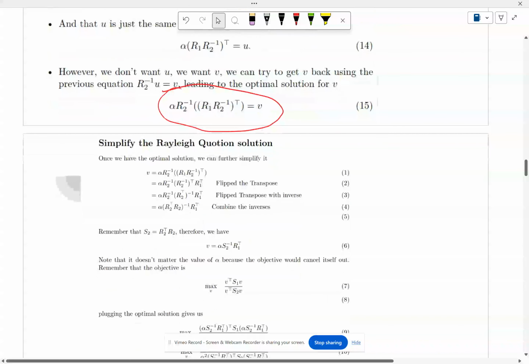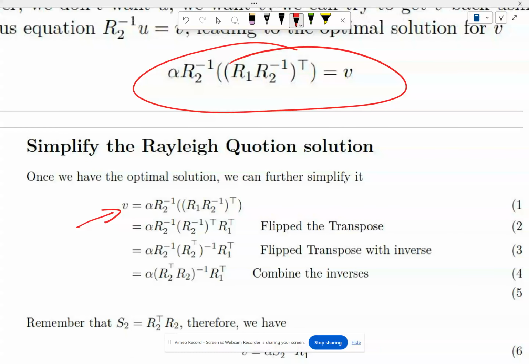Well, if we start off with this expression, which is the same as this, this means that once we put the transpose in, we flip the R2. So it's R2 transpose R1. So we flip the 2 when we are putting the transpose inside the brackets. Okay? So after we rotate them, we could put the transpose inside and put the negative one outside. So we can rotate these two.